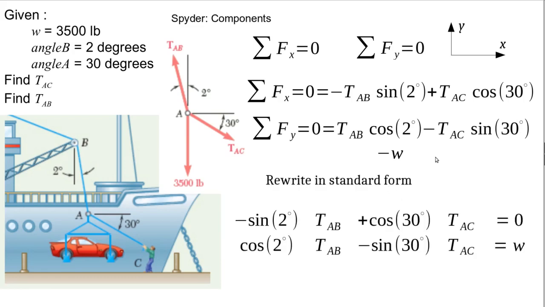And in standard form, we write it as a number, a known value that is, times our first unknown, plus or minus a number times our second unknown, and so on, and then equals everything else goes on the right. So the second line, again, this minus W went over to the right side, and we have TAB and TAC lined up above each other, or above themselves.